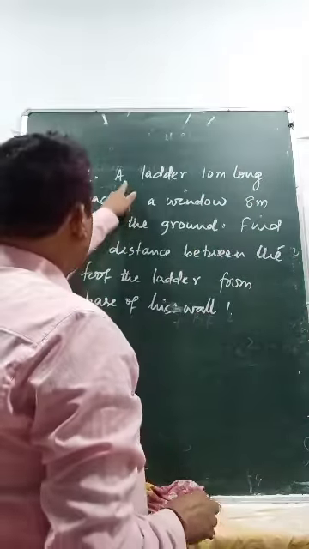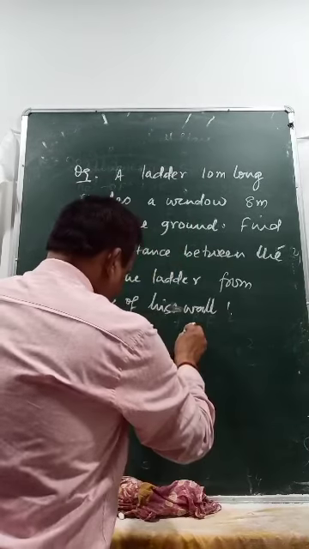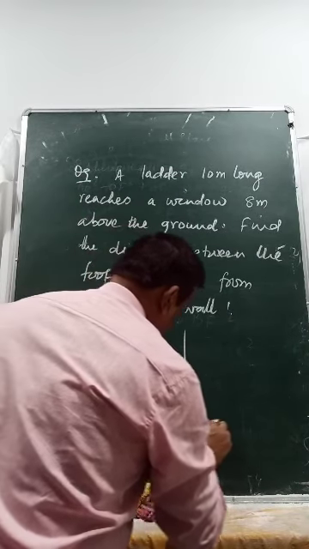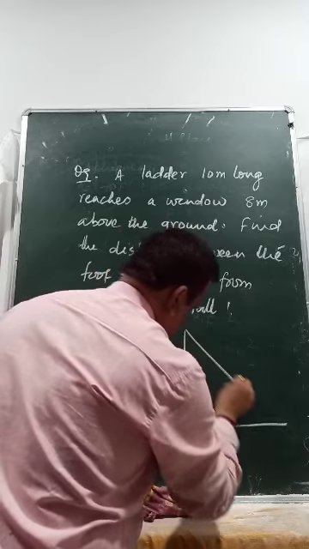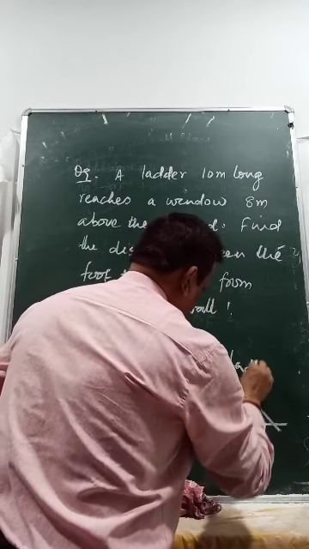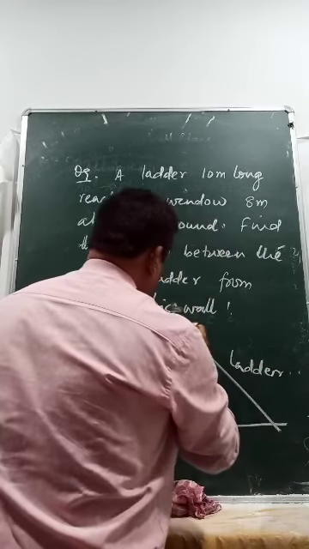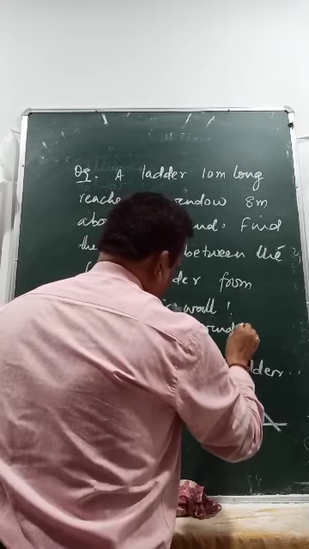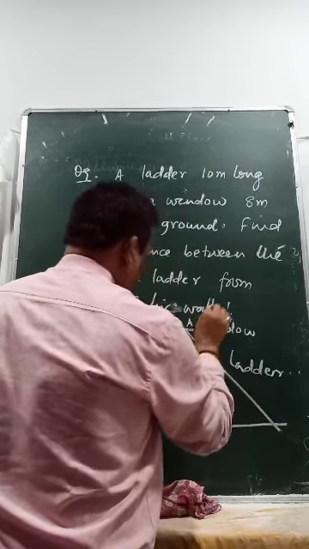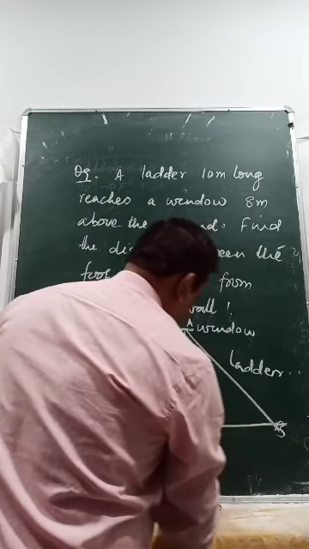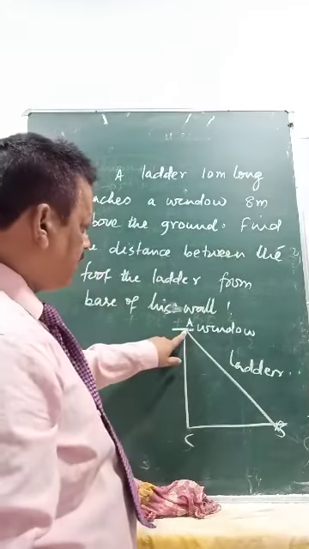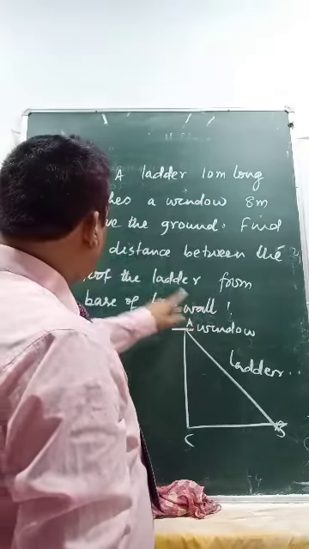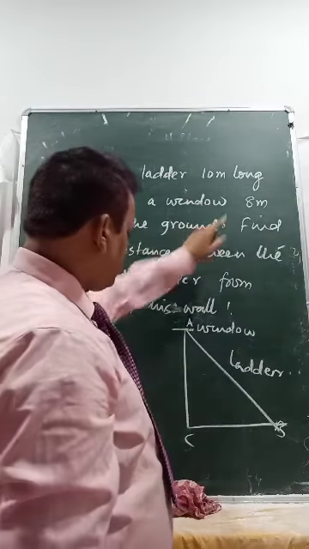Okay, the ladder is 10 meter long. This is your ladder. It reaches the window. This is A, this is B, this is C. The window is at this point, 8 meter above the ground.